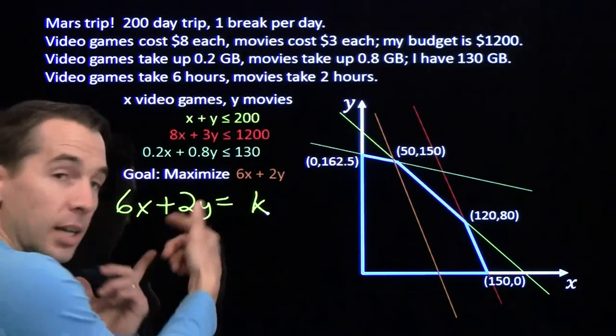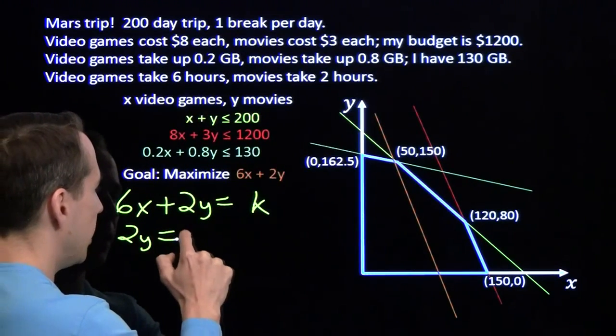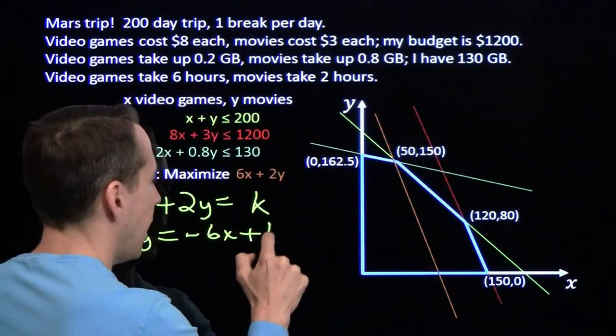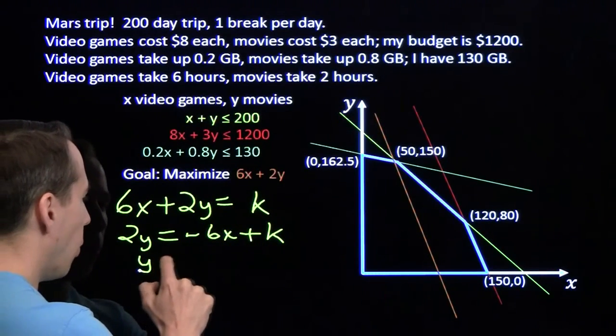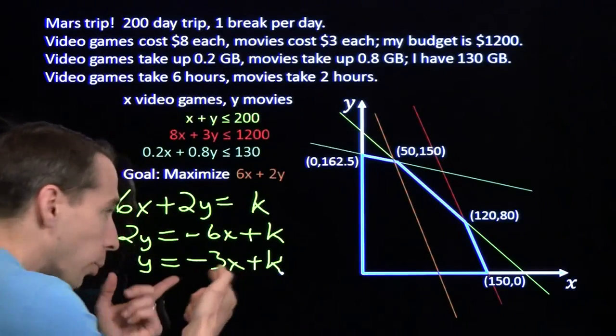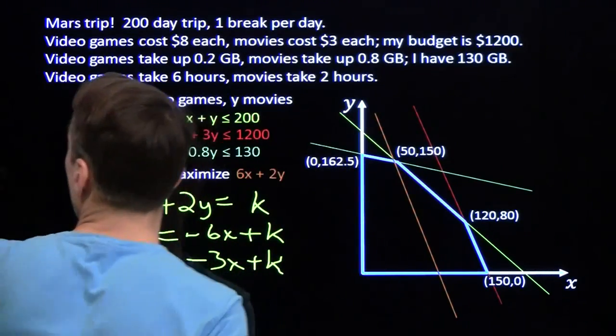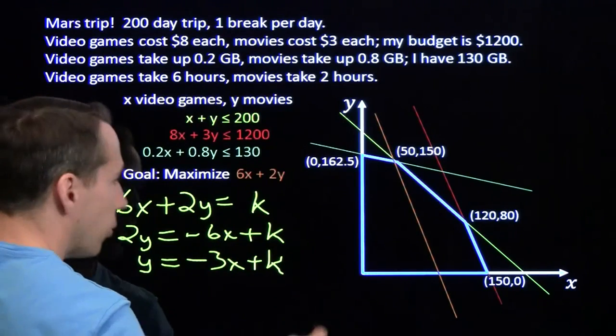I'm going to use k. Now again, if we solve for y, we get 2y equals minus 6x plus k. Divide through by 2, we get y equals -3x plus k/2. And that's why we're looking at lines with slope -3. Whichever one of these comes out to be the winner, we're going to have a line with slope -3.